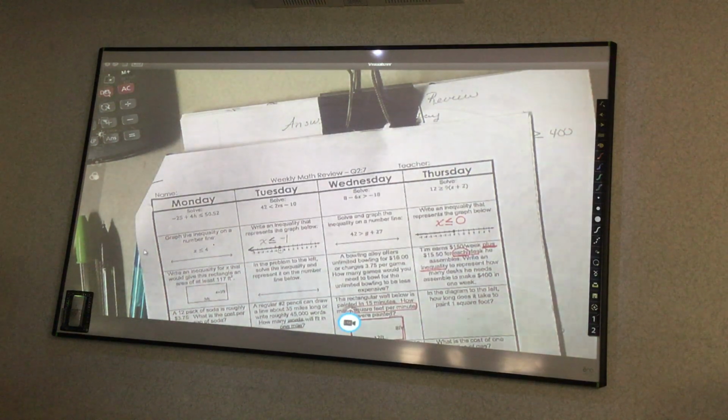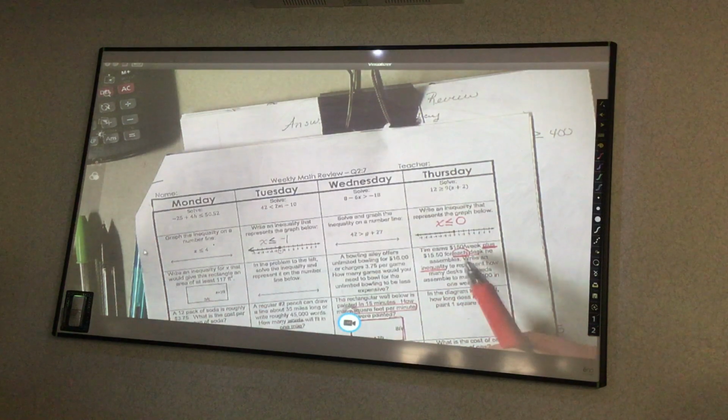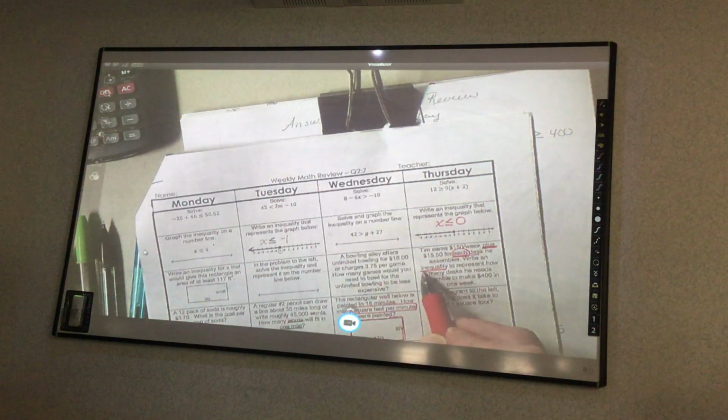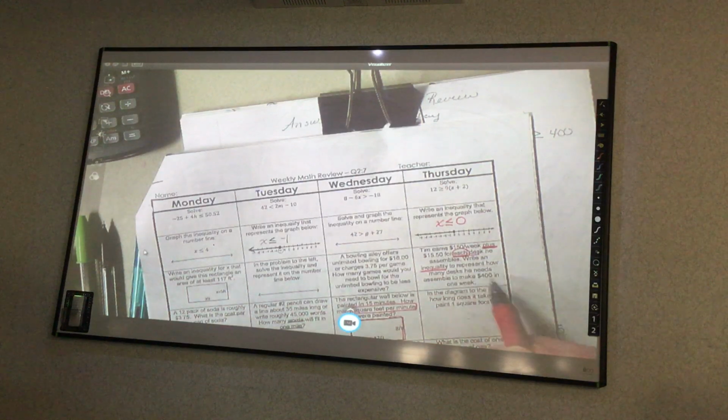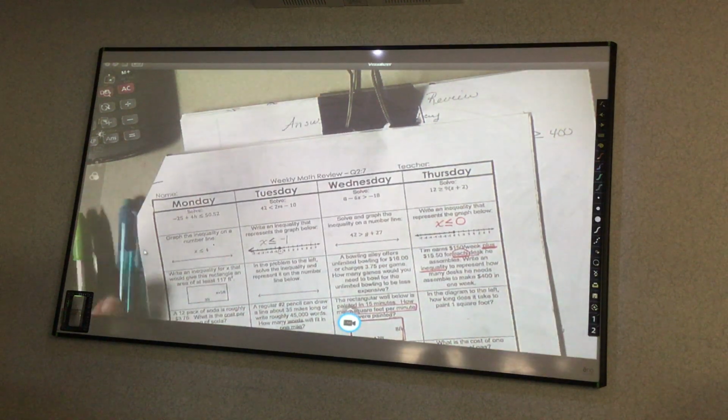Tim earns $150 per week plus $15.50 for each desk he assembles. Write an inequality to represent how many desks he needs to assemble to make $400 in 1 week.